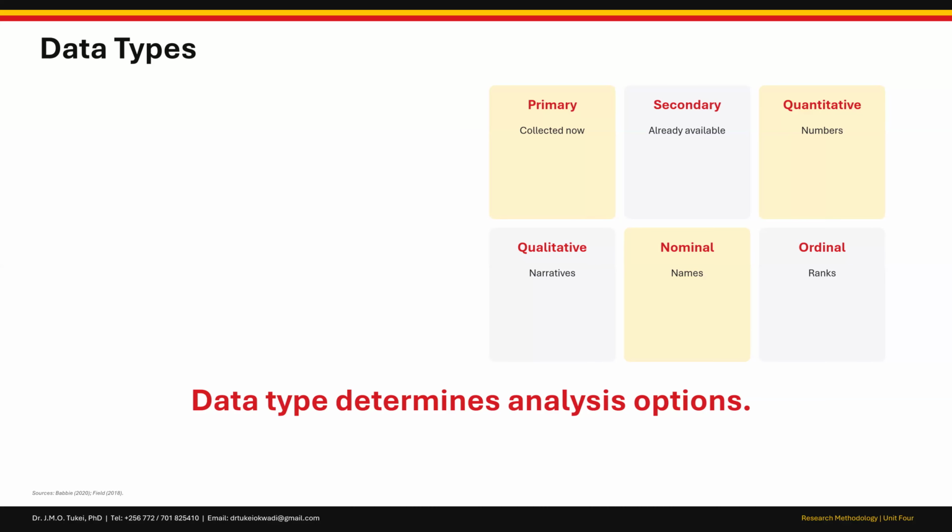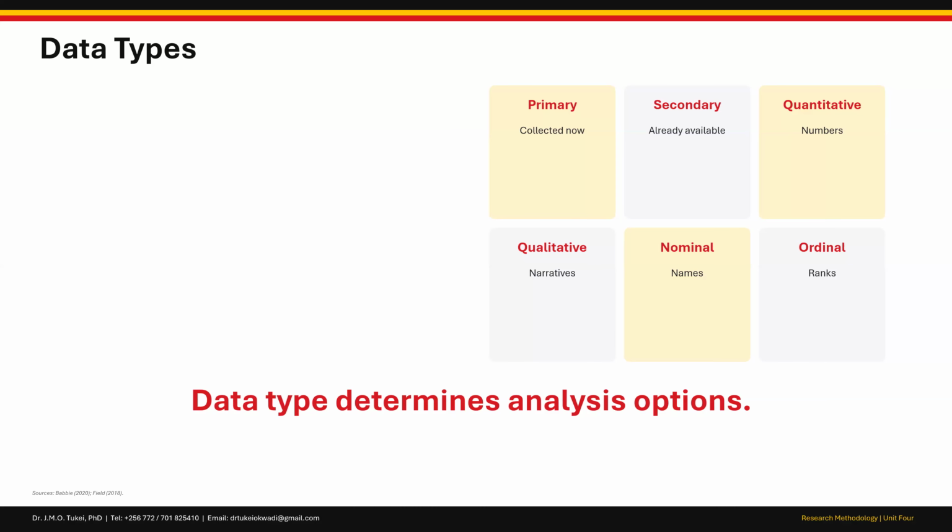Colleagues, data types determine analysis options. You ought to understand this very well. Therefore, if you are going to collect data directly, then that's primary data. If you are going to review documents, then that is secondary data. If you are going to look at qualitative data, then that is narratives.